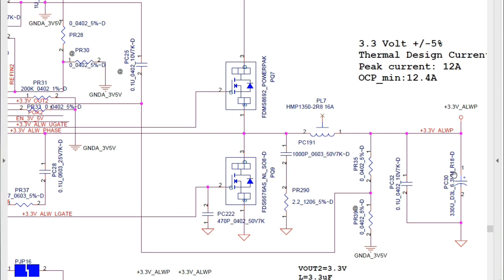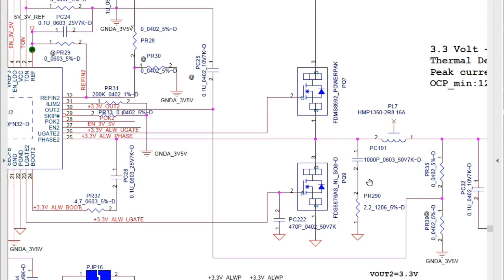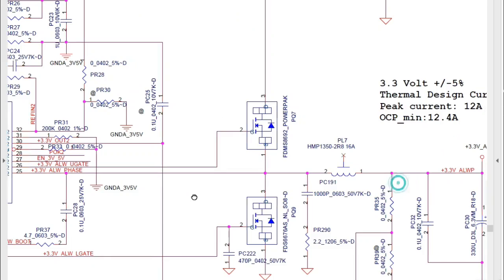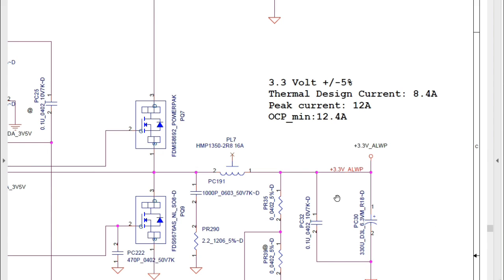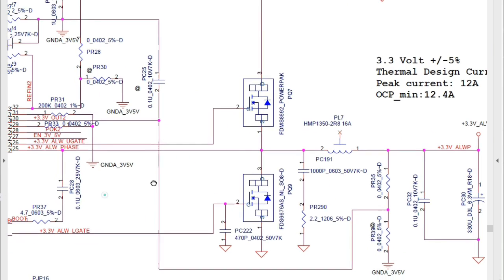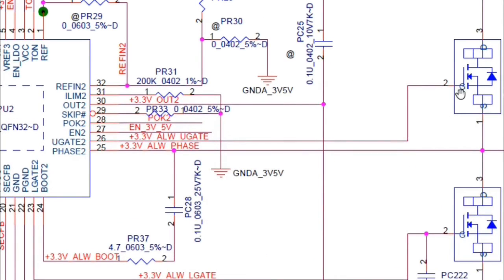So remember, if all these components are okay and you don't find the 3.3 volt, maybe the problem is the IC itself. I want to add that this IC and these two MOSFETs are the main components responsible for generating 3.3 volt, because this IC controls these two MOSFETs. So this is the gate.